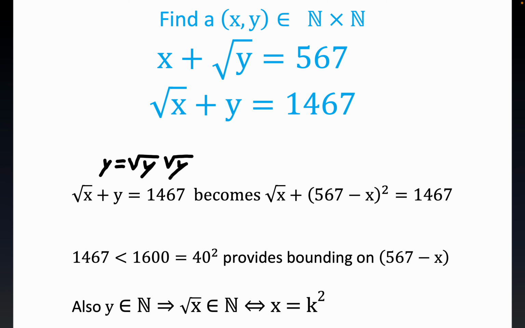All right. Now you'll notice right here, this equation becomes 567 minus x quantity squared, but that's exactly what, right up here, you can write the square root of y equals 567 minus x, just from this initial condition here.